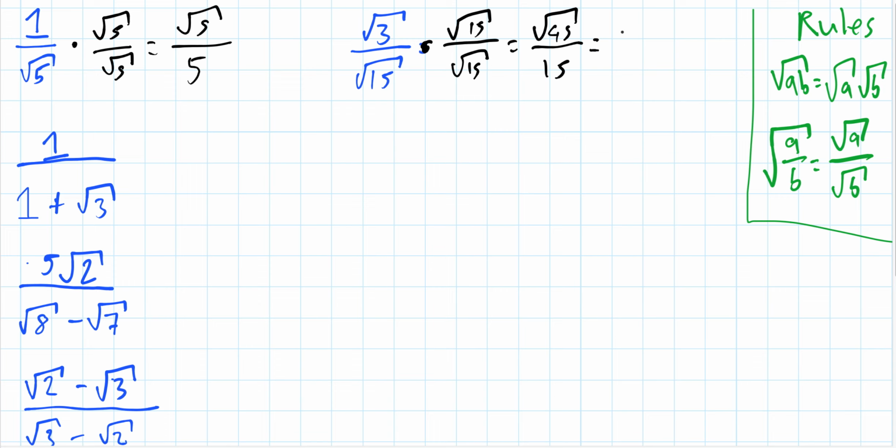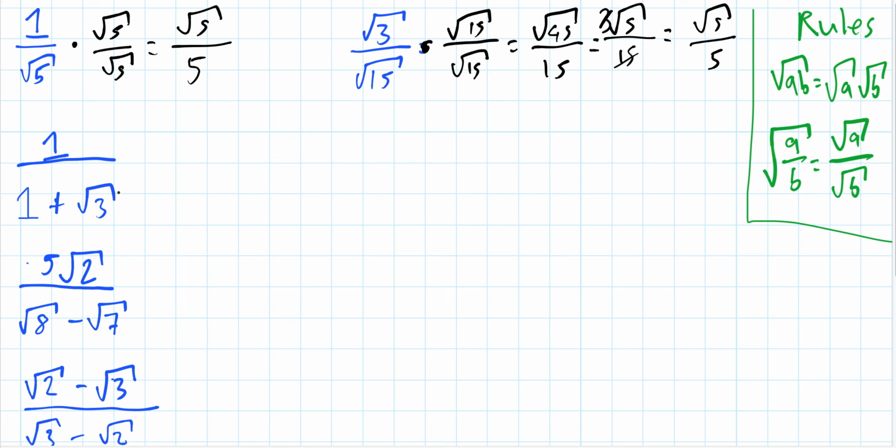We could break this down into square root 9 times square root 5. So that would be 3 square root 5 over 15. And now cancel that down to square root 5 over 5. Yeah, so 3 goes into 15 5 times.